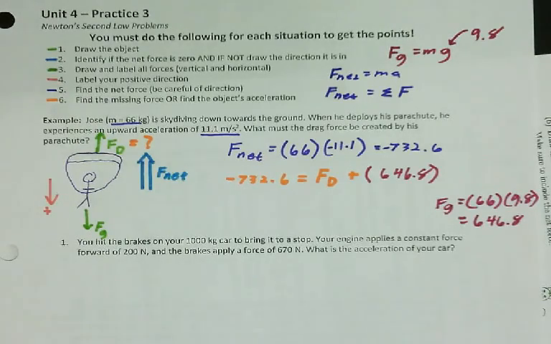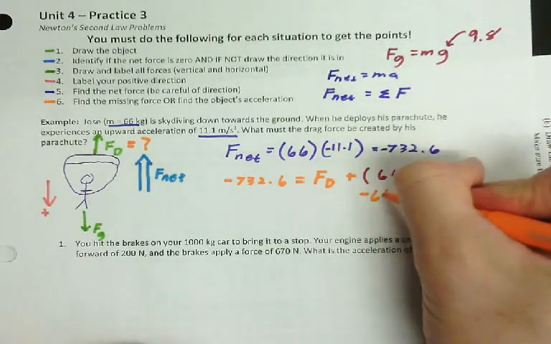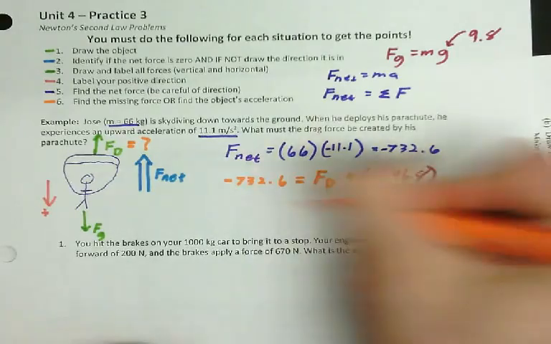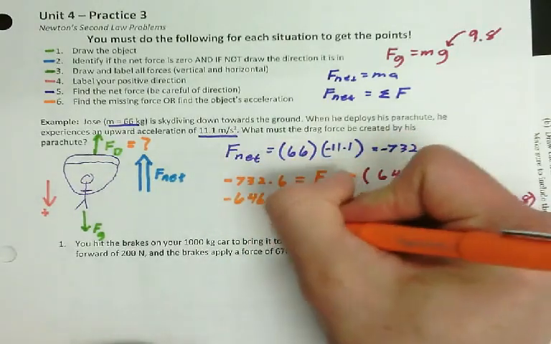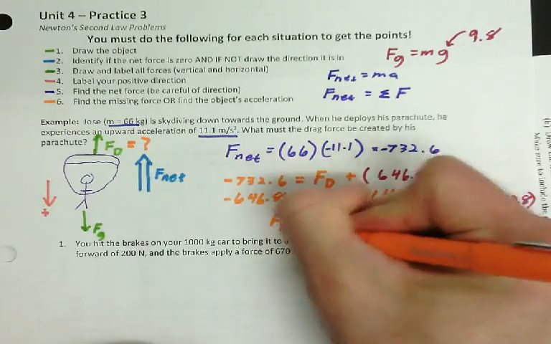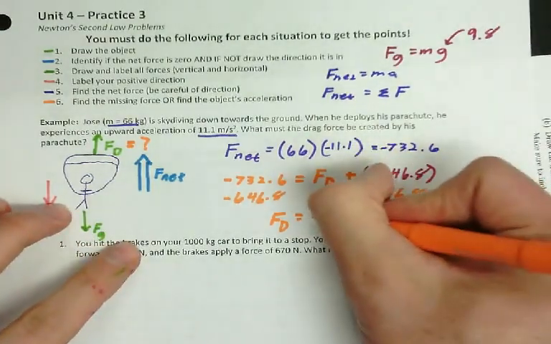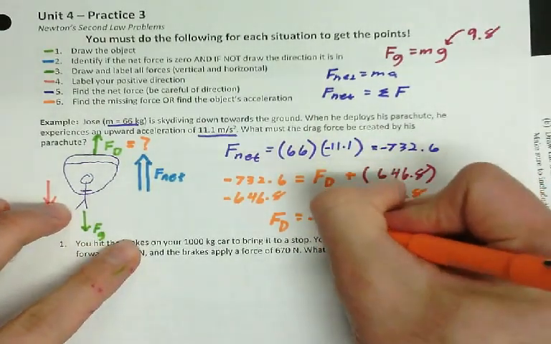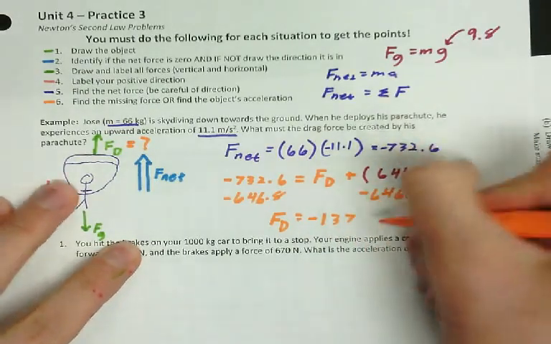Mine's positive, but yours would be negative. So I'm going to subtract it to the other side. And that gives me a final answer of negative 1,379.4.